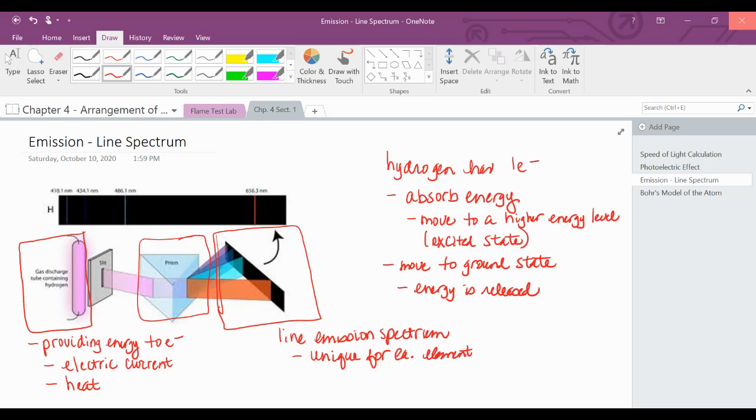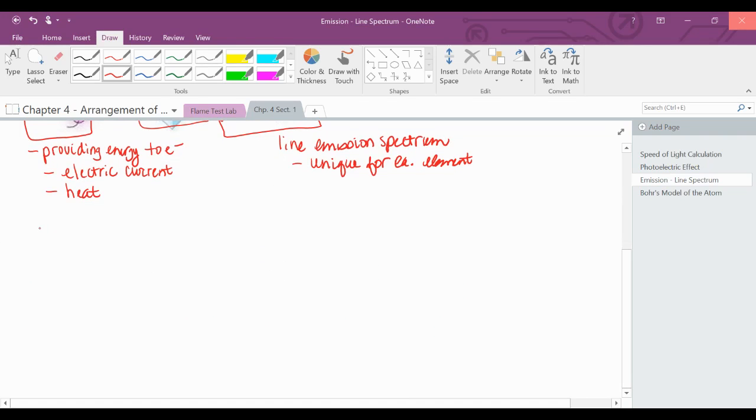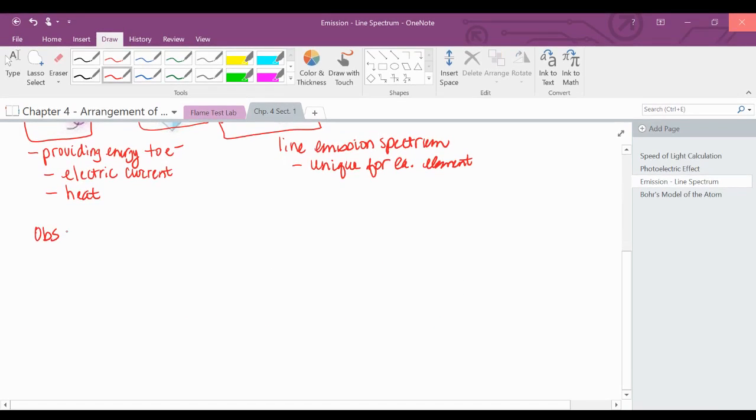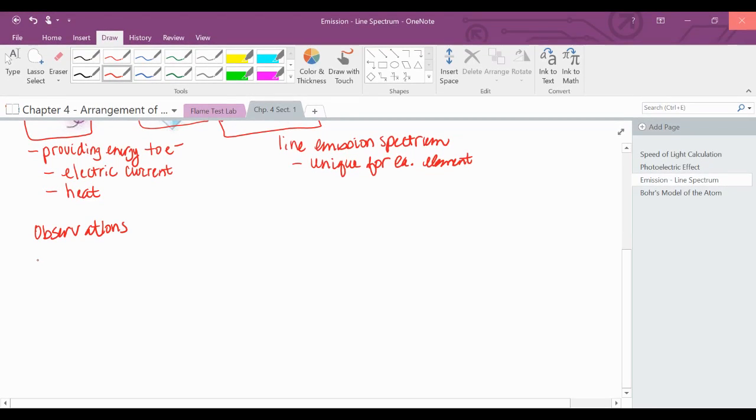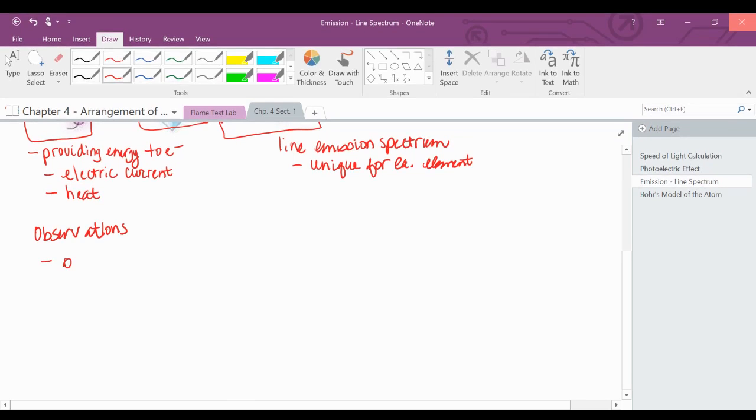Now, remember, with all scientists, all experiments, we've talked about what our observations are and what conclusion we were able to draw from this so that we can expand our model of the atom. So here's our observations. That we can see that only specific frequencies of light are emitted.